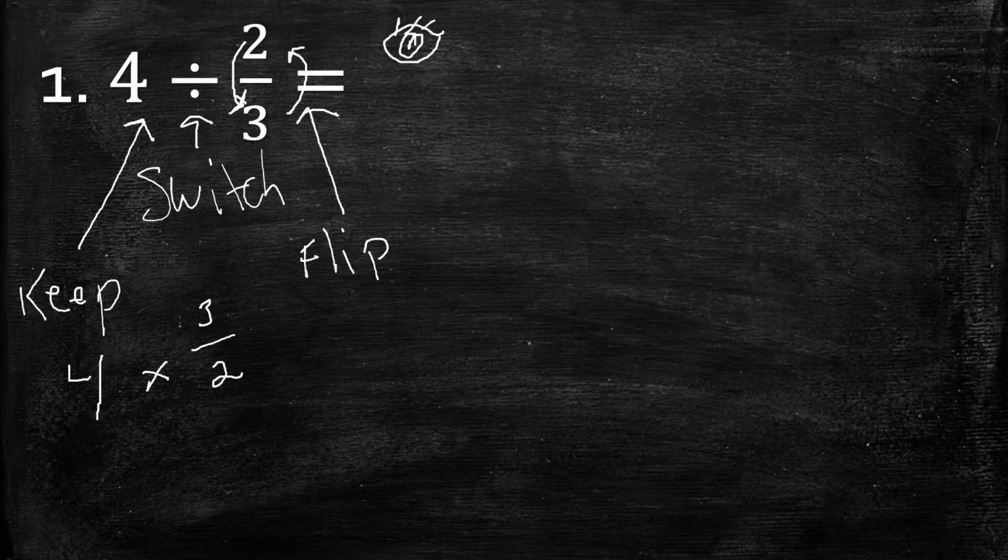It is an improper fraction, and that is okay. So now that we looked at it, we need to rewrite it, which we did here. And now we can start to solve it.